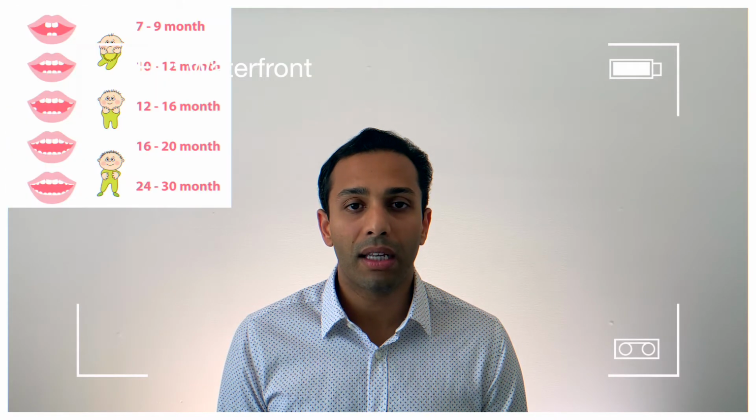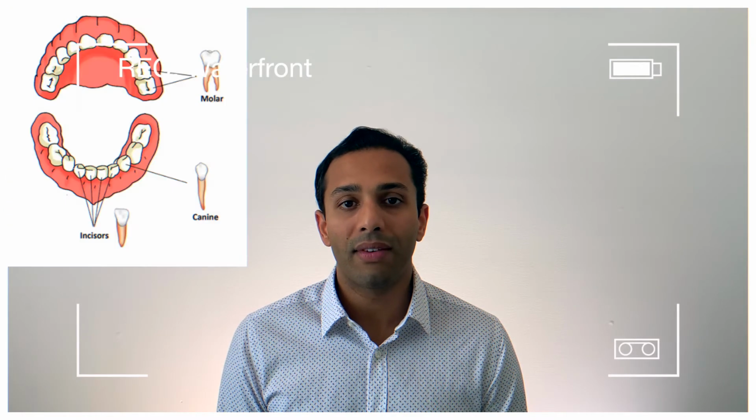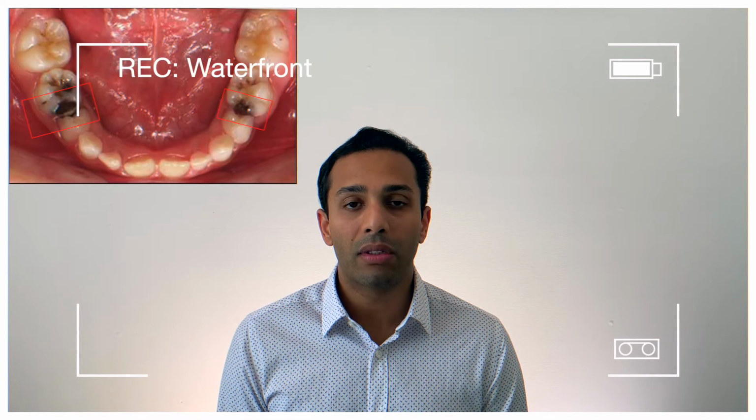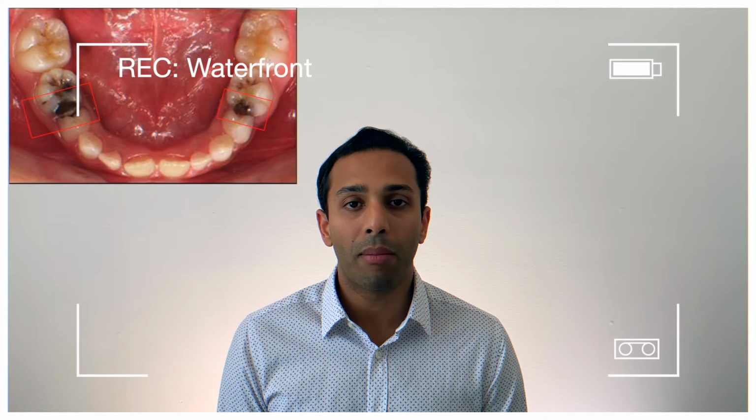I'll give you an example. If a child comes in and they only have their front couple of teeth, these teeth are smooth, they don't have as many pits and fissures, and for now they could be classified as low risk. But as soon as they get their molars that have tons of pits and grooves, they could start getting cavities and now become high risk.